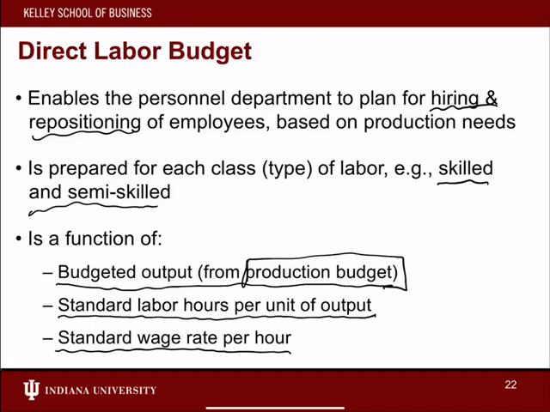And just like everything else, how direct material was units and dollars, direct labor will be hours and dollars. So we'll budget the actual hours we need, multiply that times some wage rates to get at the dollars we're going to have to budget for.